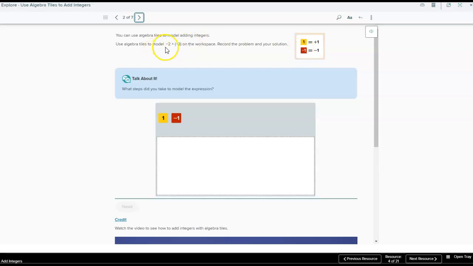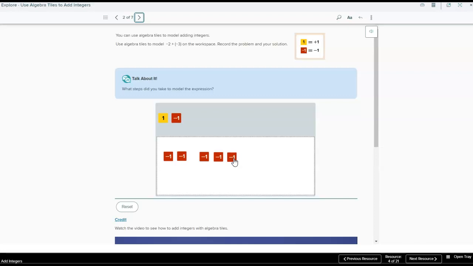If we want to model negative 2 plus negative 3, then I would add 2 negatives, and then plus negative 3 would be 3 negatives.